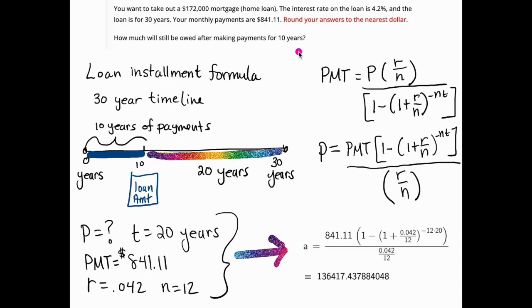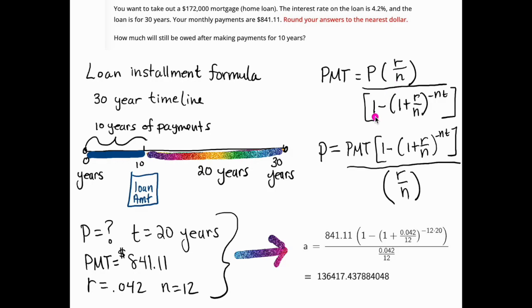Because we are talking about loans and paying off loans, we're going to use the loan installment formula. Here is our loan installment formula right here. We have PMT, that's our payment, is equal to the principal times the APR over the number of times it's compounded a year.